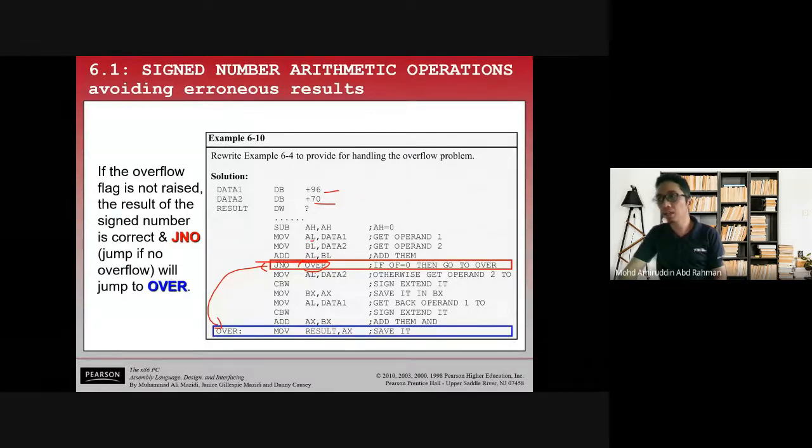But if it is wrong, it won't jump, so it will follow the next instruction. If the jump is not taken, it will go to the next instruction. This is your test 2 question.